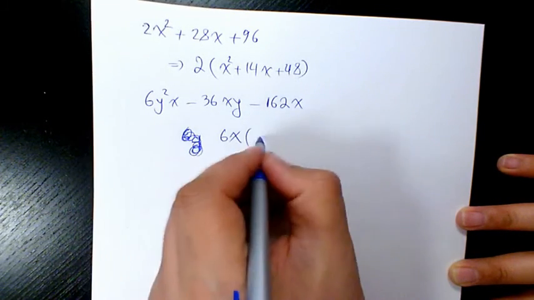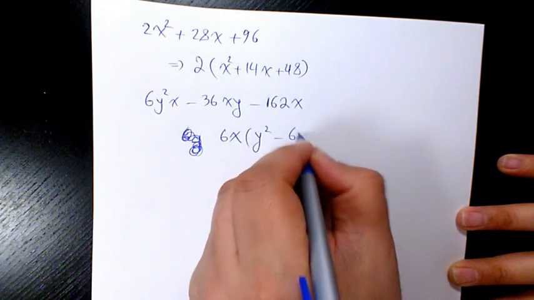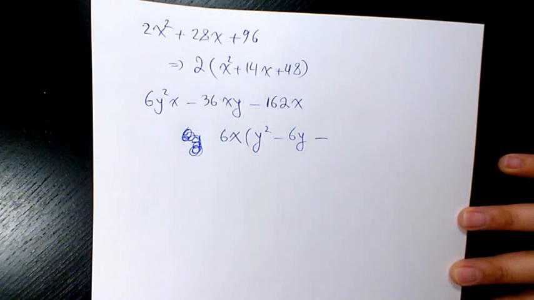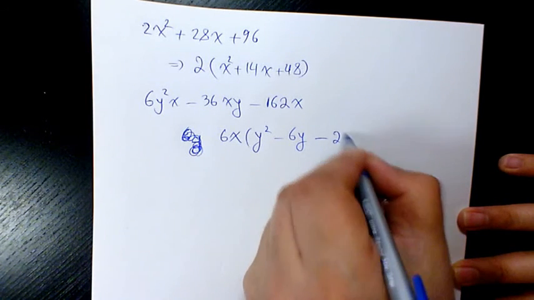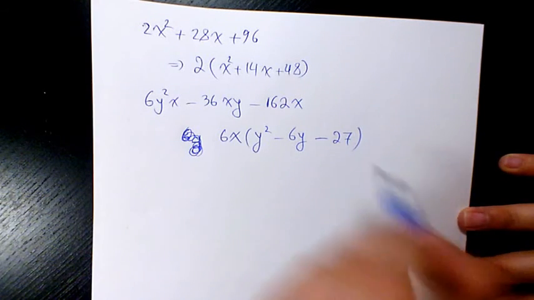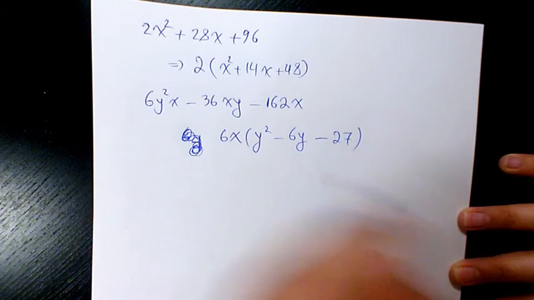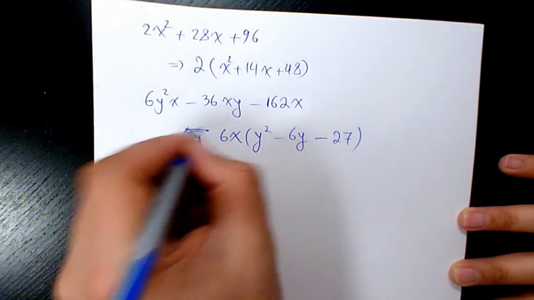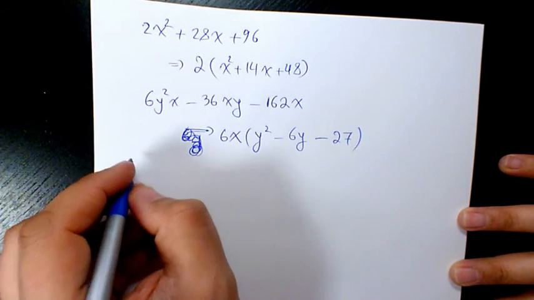So it's going to make it y squared minus 6y minus, 162 divided by 6 is going to be 27. Let me just check that. Yeah, it's going to be y squared minus 6y minus 27. So that's how we factored.